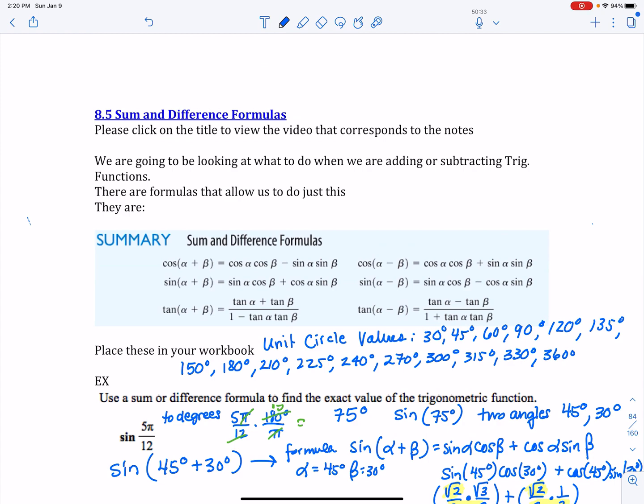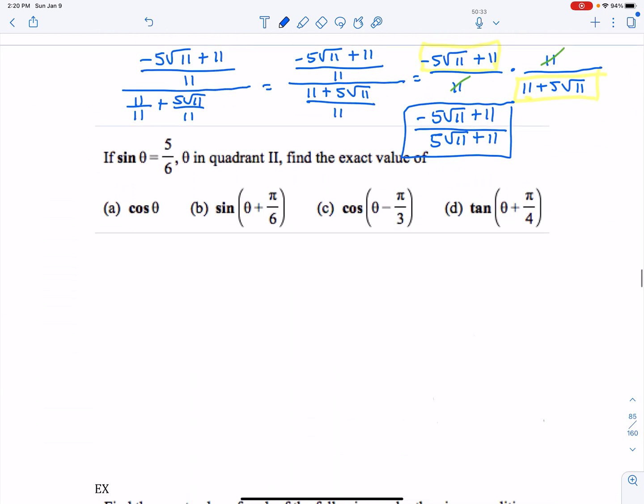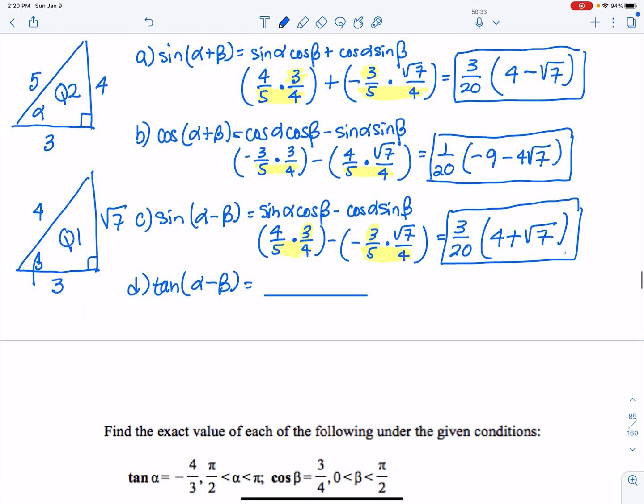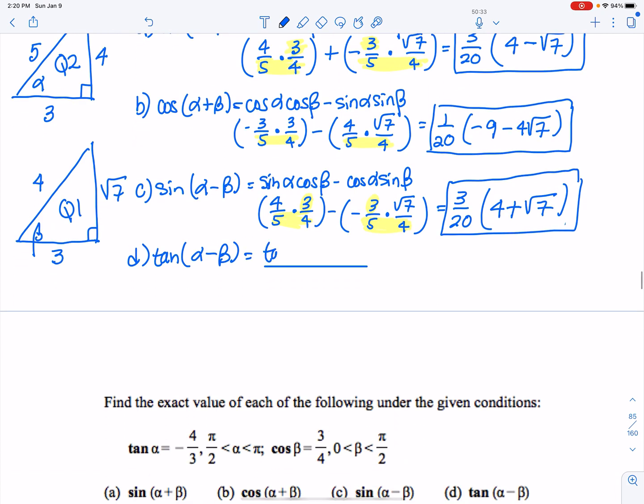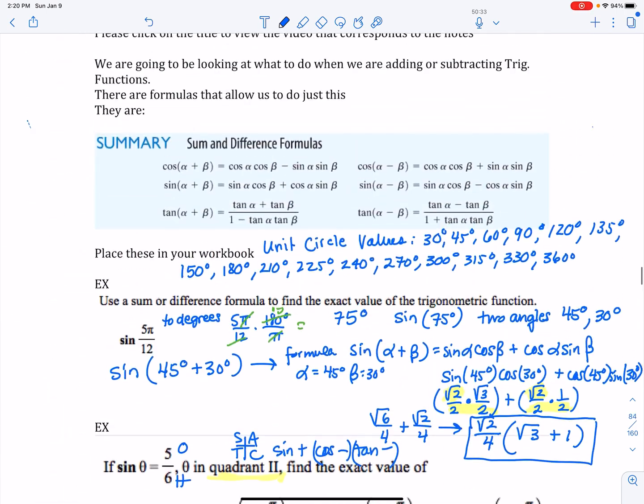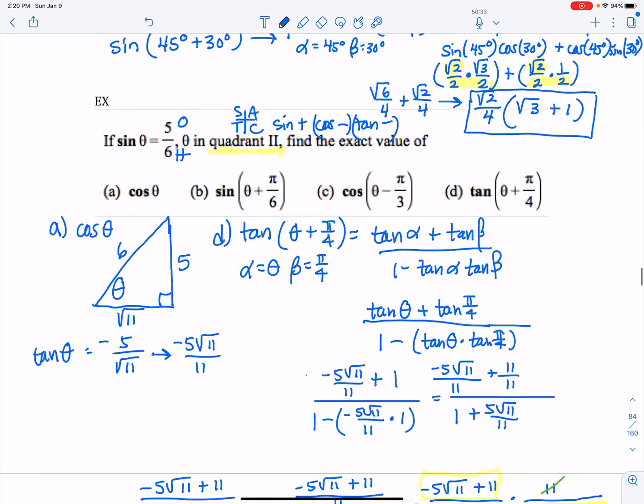It's going to be tangent alpha minus tangent beta over 1 plus tan alpha tan beta. Okay, all right, I think this is good. I'm just triple checking here. Yeah, it's good to go.